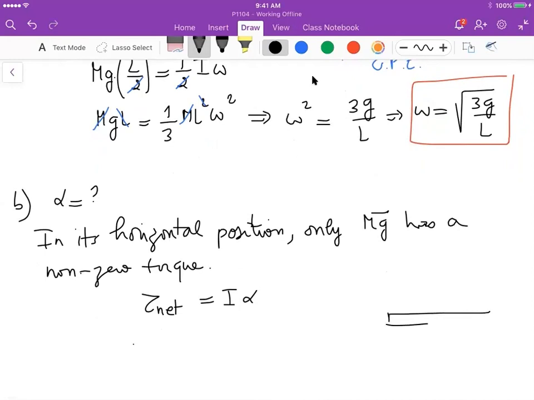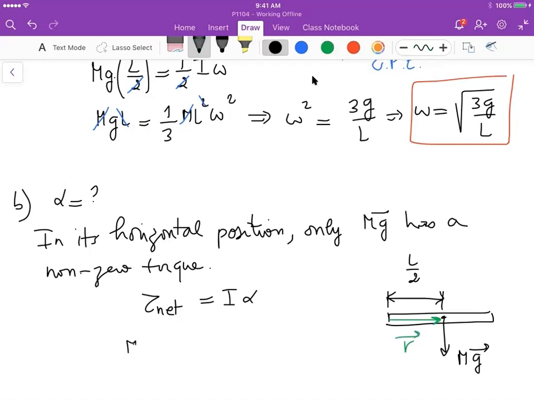So if you just have a look, this is the rod. In this horizontal position, this is mg. It's acting on the rod at its center. And the distance between the axis of rotation and the gravitational force is given by L/2. And also the vector r in this case is perpendicular to mg with r equals L/2.